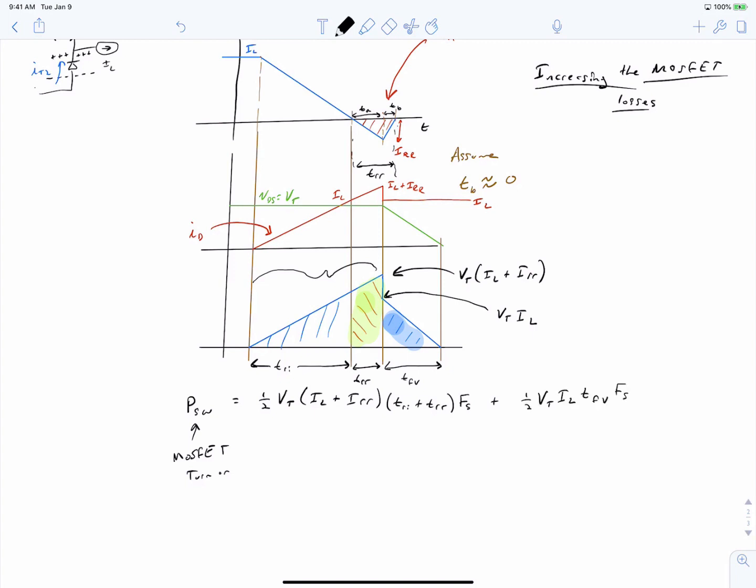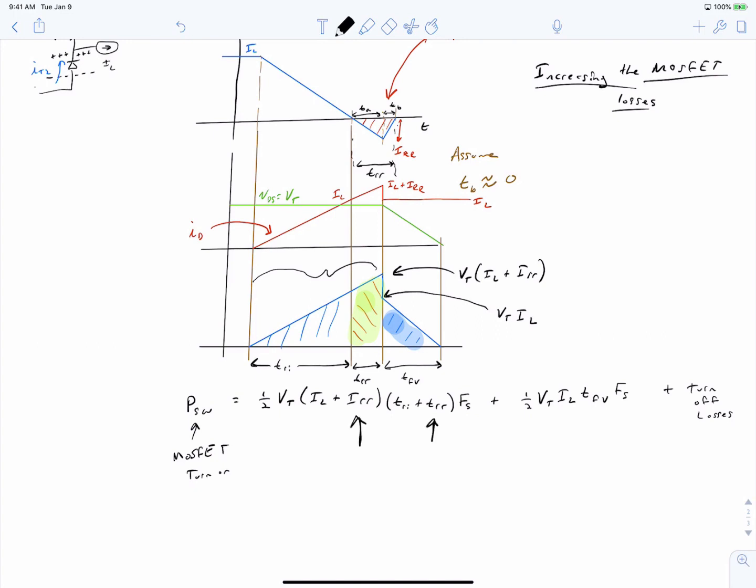And then of course we have to add in the losses due to MOSFET turn off that we previously calculated. So by adding the reverse recovery characteristics of the diode, we added this term and this term to our loss expression.